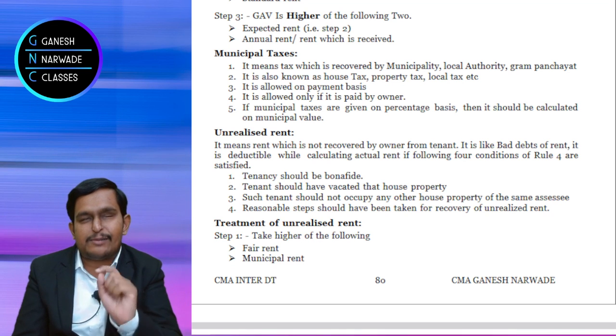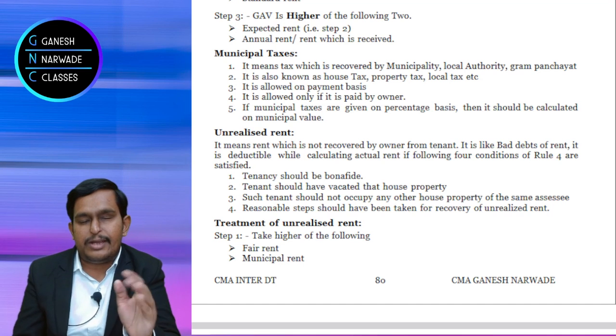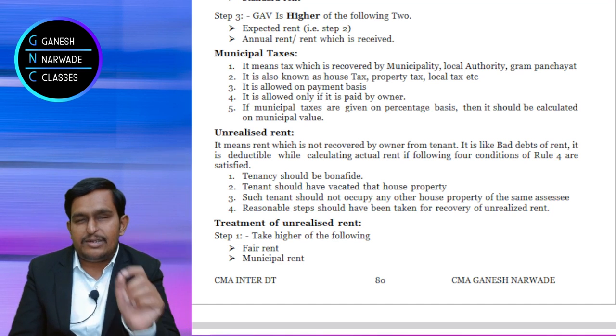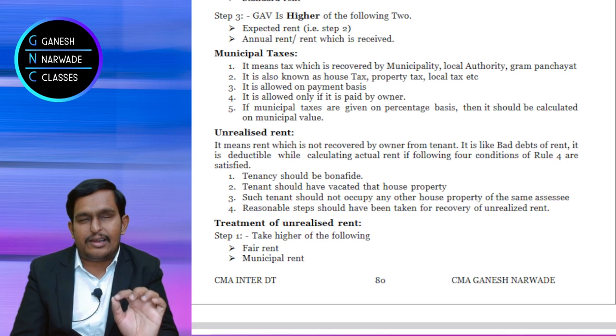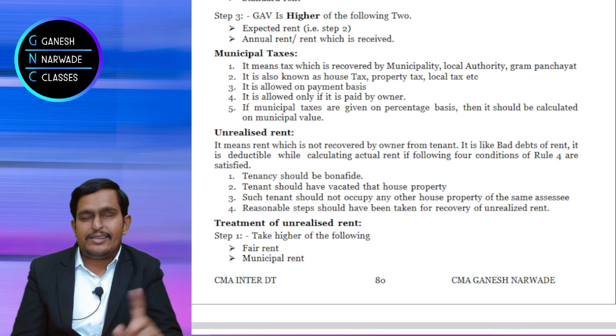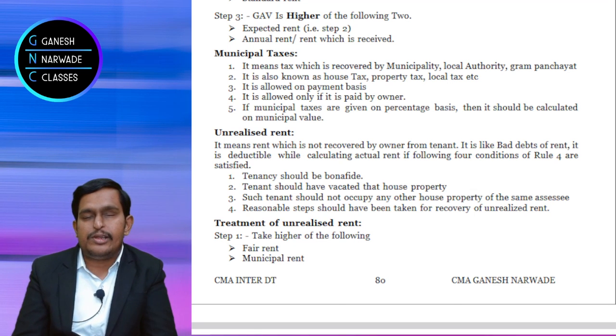Then compare this expected rent of 12 months with actual rent of 12 months minus unrealized rent. Expected rent for 12 months versus annual rent minus unrealized rent. Whichever is higher becomes your GAV. This is how we do it in case of unrealized rent.